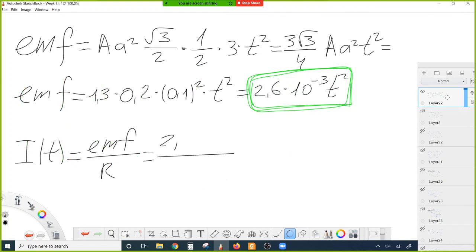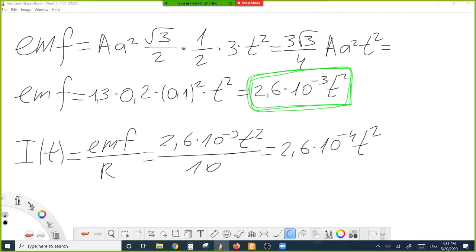So we have 2.6 times 10 to the minus 3 t squared over 10, which is equal to 2.6 times 10 to the minus 4 t squared. And the current at the instant of time when t equals 10 seconds will be equal, we put here instead of t 10.